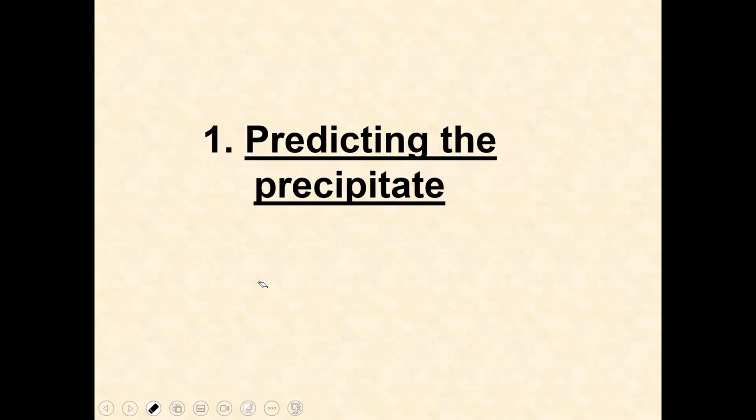Now, there are two KSPs. One is the KSP from a table, from the standard values, and one is the KSP which you would calculate from the data.